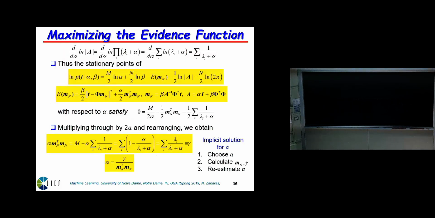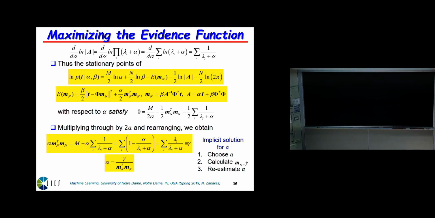So if you plug in everything I told you into the marginal likelihood, the derivative with respect to alpha, at the end of the day, with zero extra steps, just rearranging terms, gives an equation that looks like the one you see on the bottom. Let me read it.